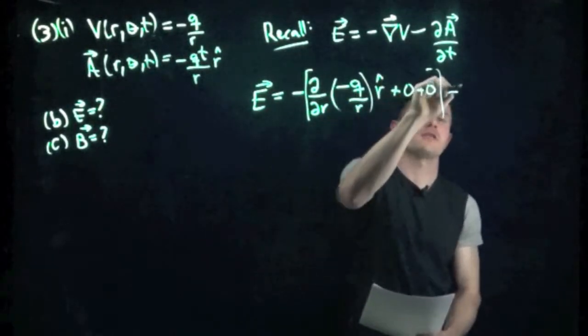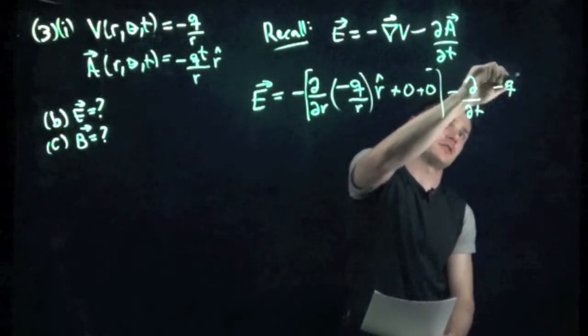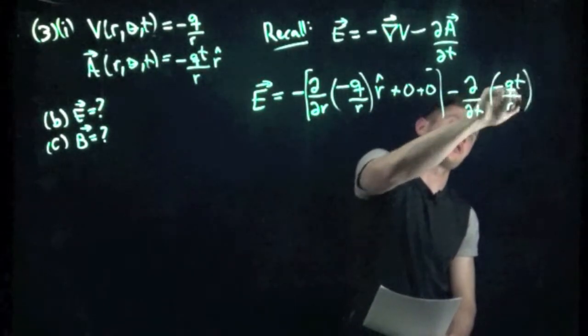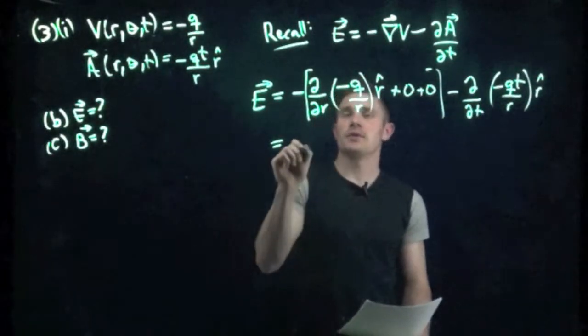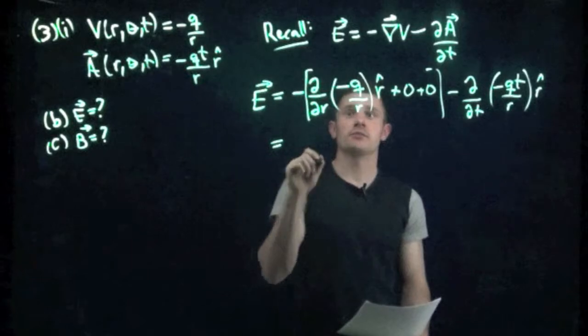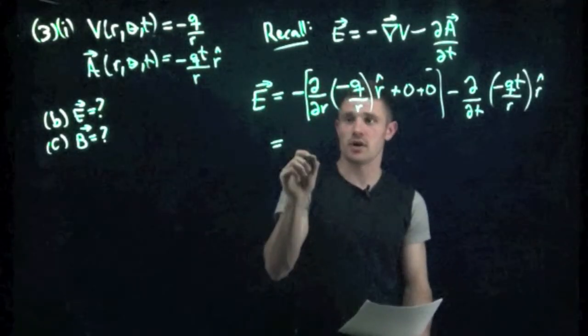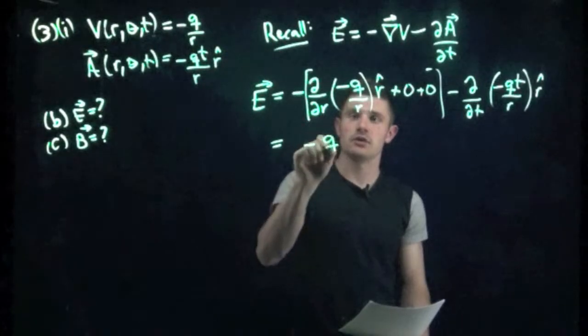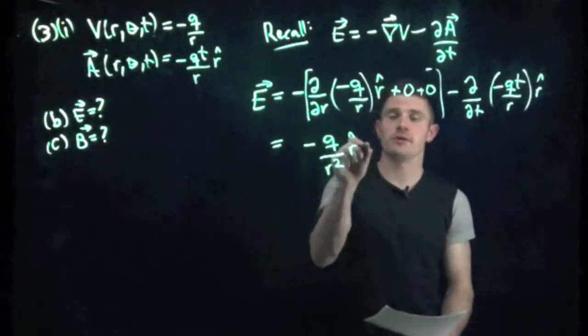And then we subtract off the time derivative of our vector potential, negative qt over r hat. So we can do this derivative through, and we get the negative and the negative cancel, but we get an additional negative from the fact that we do a derivative with r on the denominator. So we get negative q over r squared r hat from the derivative.